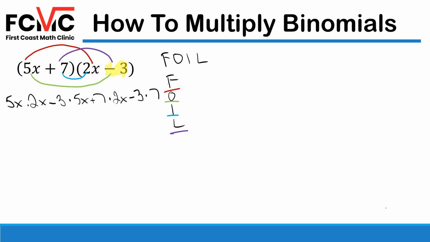So let's multiply this out. 5x times 2x is going to give us 10x squared. And minus 3, or negative 3 times 5x, is going to give us negative 15x.